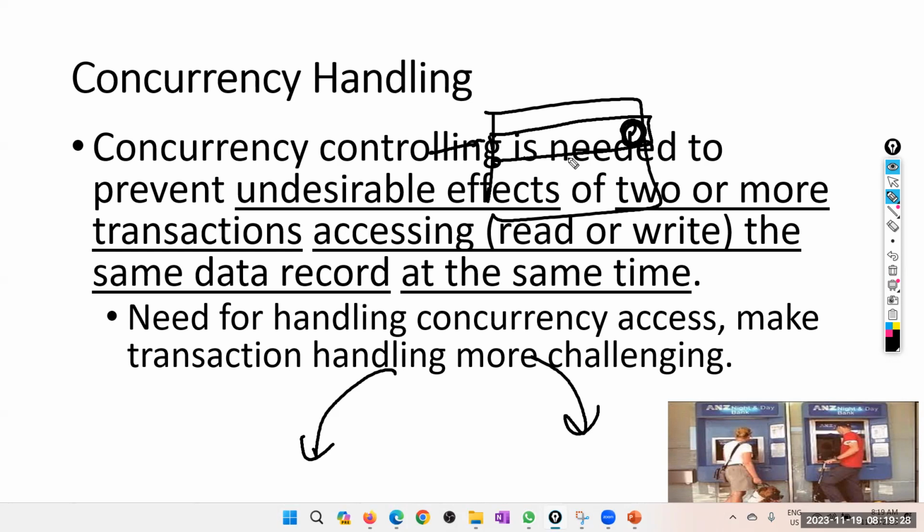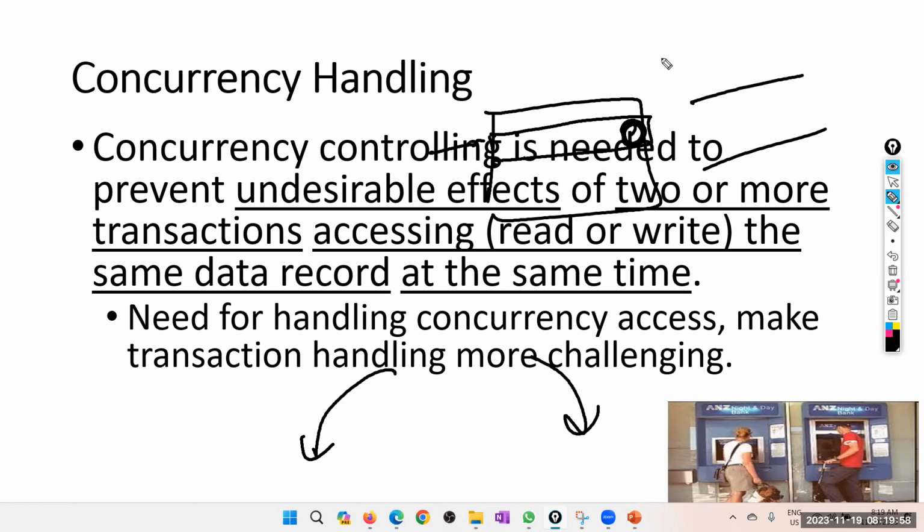That happens if both transactions are running at the same time, which is rare but possible. In that kind of a situation, the transaction handling becomes more challenging. And we have to handle that also because otherwise either my transaction or the other transaction might get overwritten because those happen at the same time.